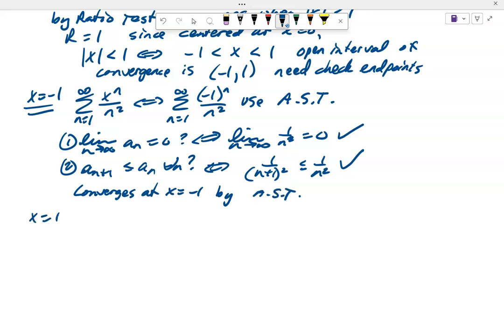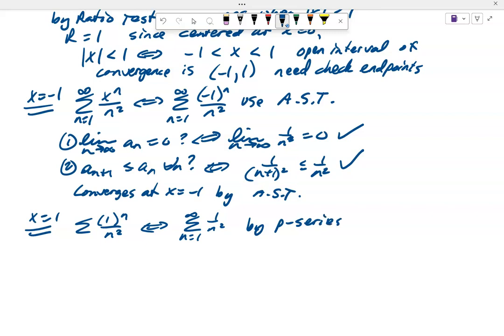Now what about at 1? X to the n over n squared. So we just got 1 over n squared. So by p-series with 1 over n to the p, with p being 2.